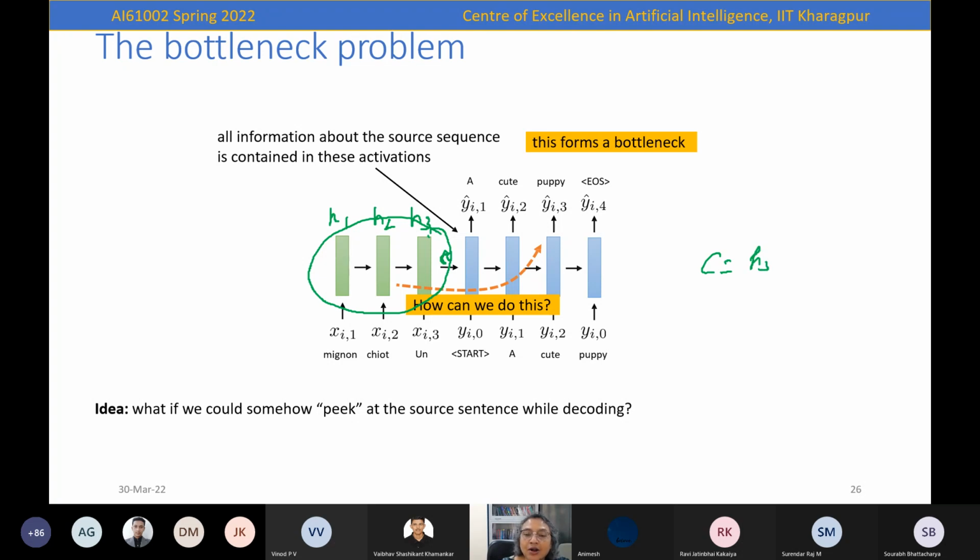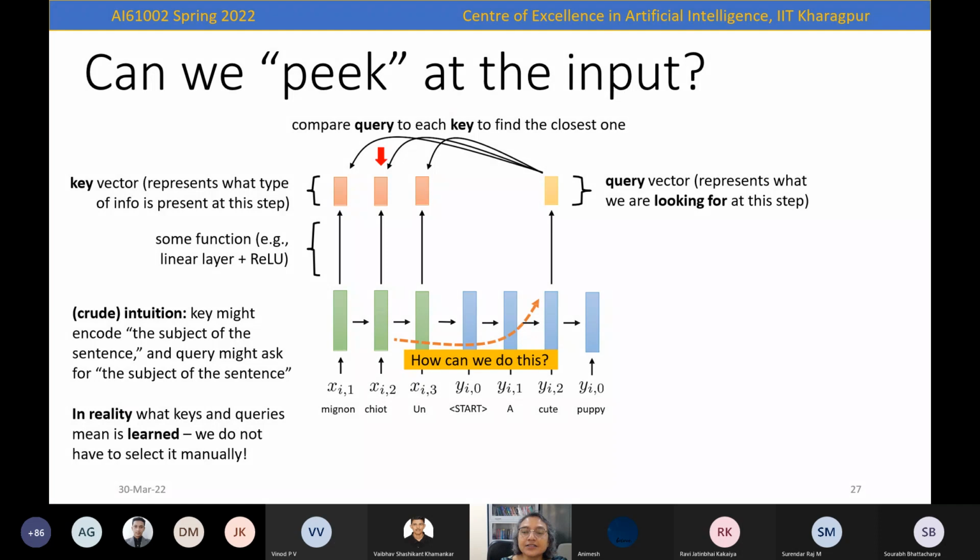But in the attention model, we save all three hidden states, H1, H2, H3. Then while generating the output at a particular time step, we may consider whichever of H1, H2, H3, or as many of them, as is necessary. This is the concept of attention.